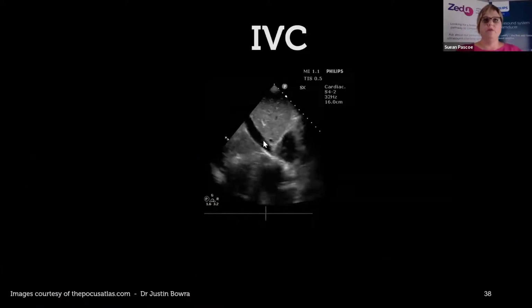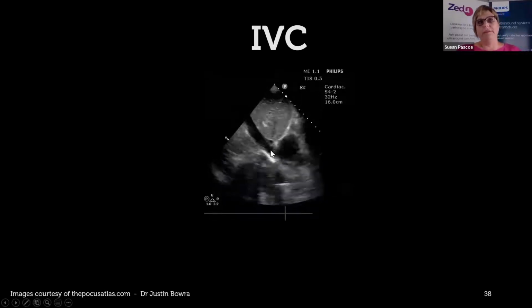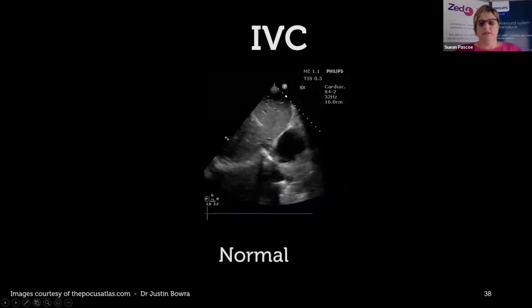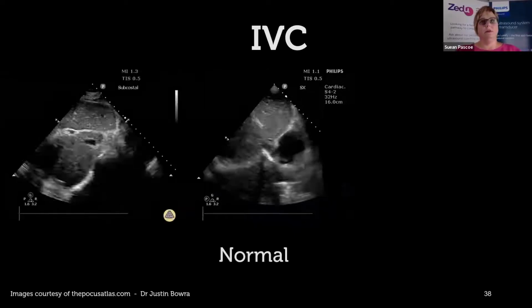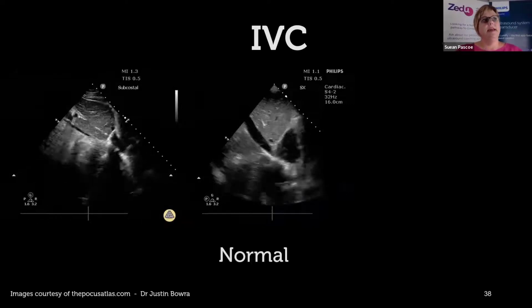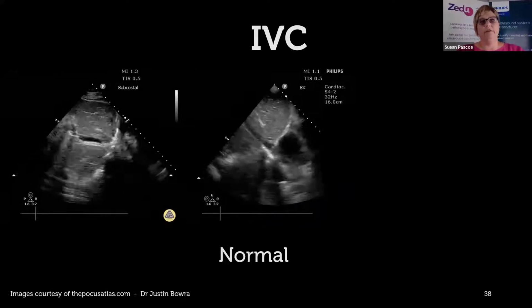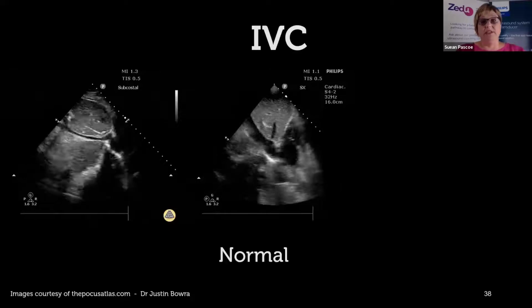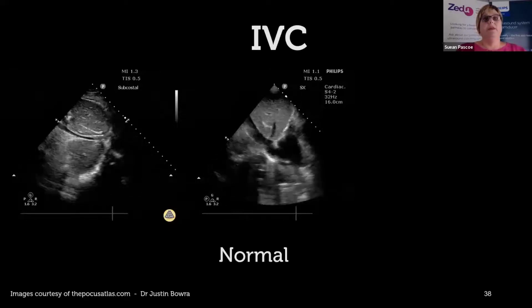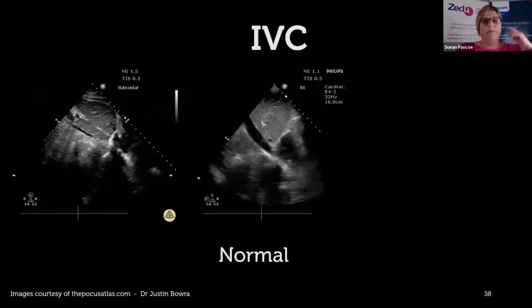What we're looking for is that during normal respiration, there's a bit of collapsibility of the IVC. When the patient has not got enough fluid on board, you can see that the IVC is really quite flat and it's really hard to find it. That's the hypovolemic patient.